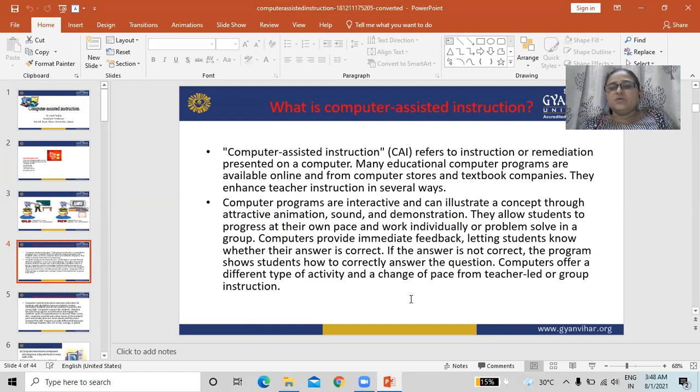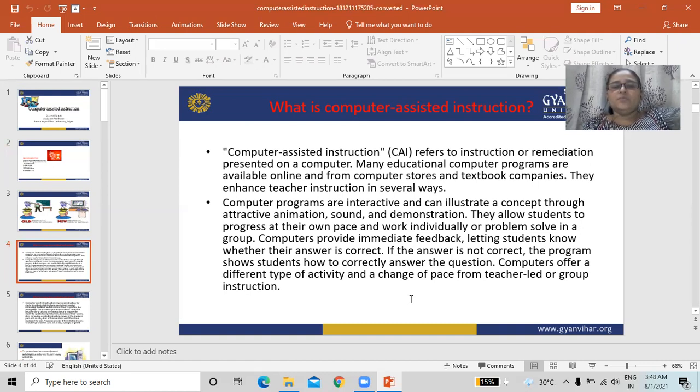Many educational computer programs are available online and from computer stores and textbook companies. They enhance teacher instruction in several ways.